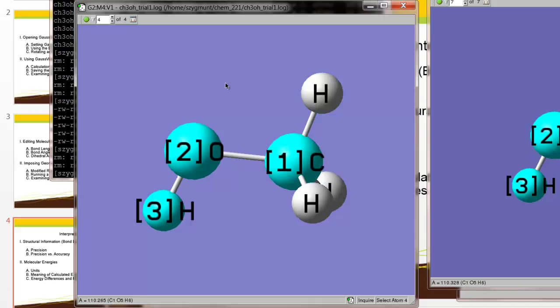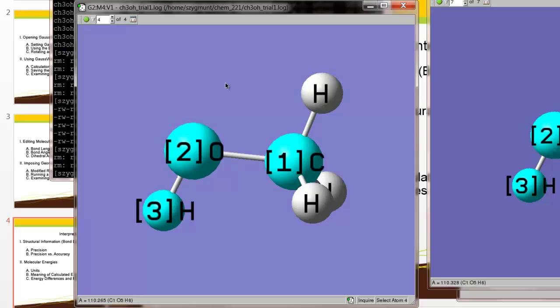One of the take-home lessons here is that even though these 2 structures came from running the same program, and the program stopped and said, here's our equilibrium structure, there is some uncertainty, some lack of precision in those bond angles.